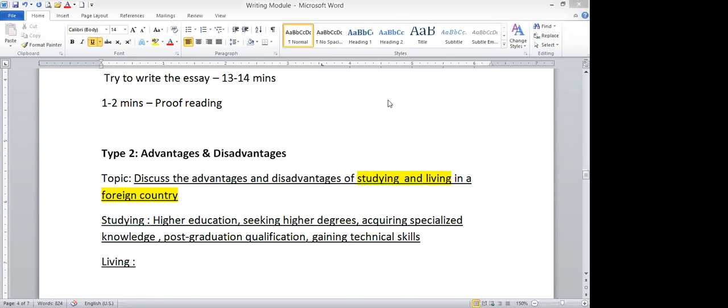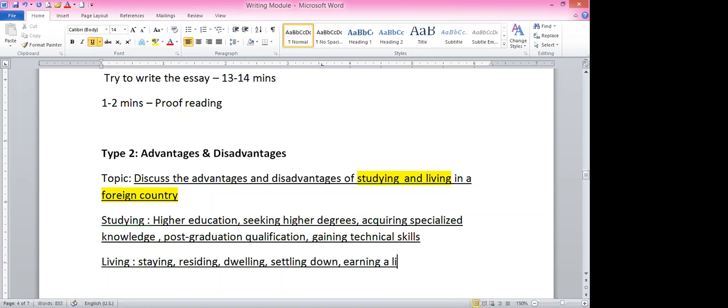Living in a foreign country means you can say staying, residing, dwelling, settling down, earning a livelihood, pursuing education.